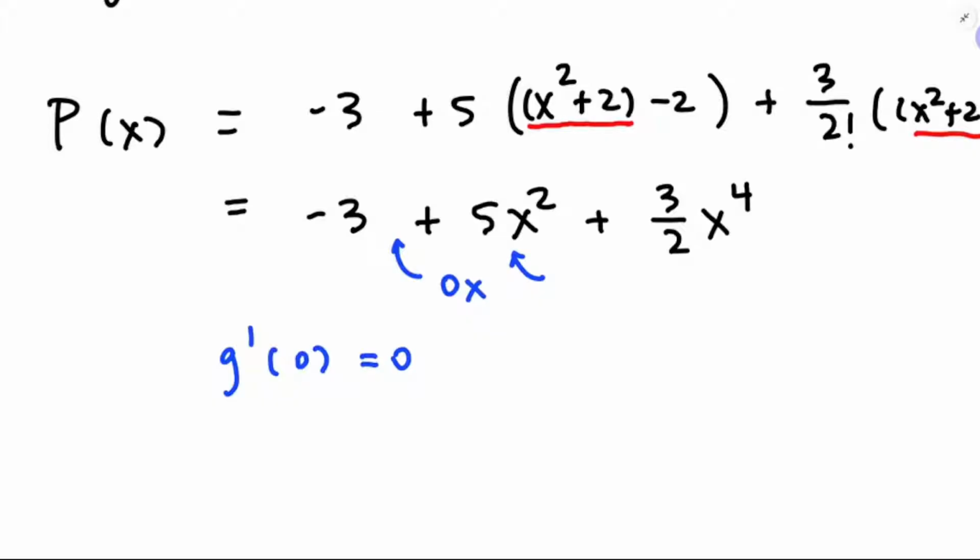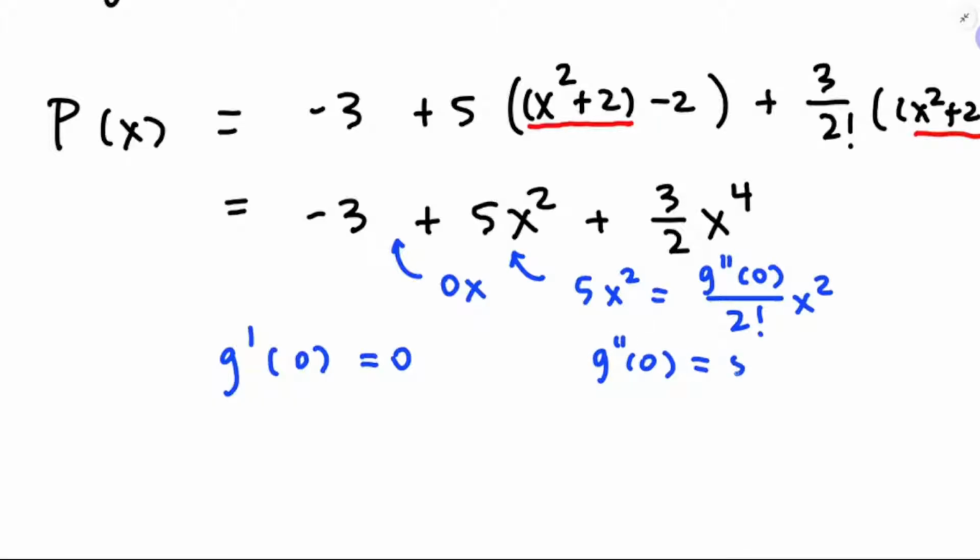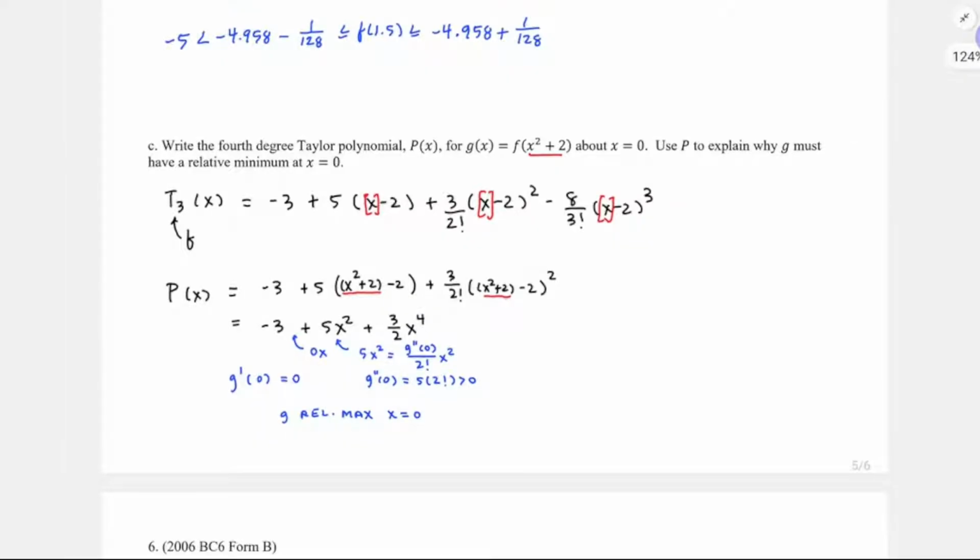I'm still not totally sure if I can just proclaim that, so I'm just going to really quickly say that 5x squared equals g double prime of 0 divided by 2 factorial x squared, and that means that g double prime of 0 equals 5 times 2 factorial, which is definitely a greater than 0 number, so that means g has a relative minimum at x equals 0. And that was what they had asked us to show.